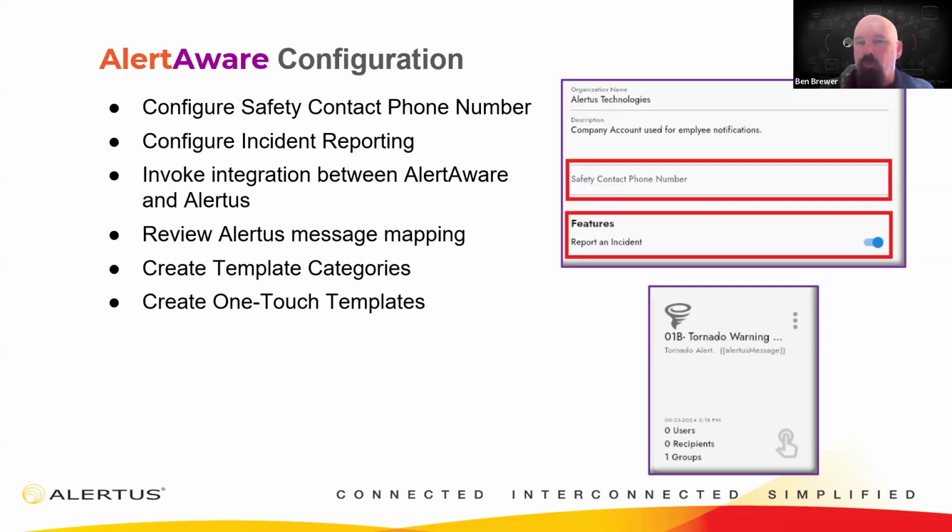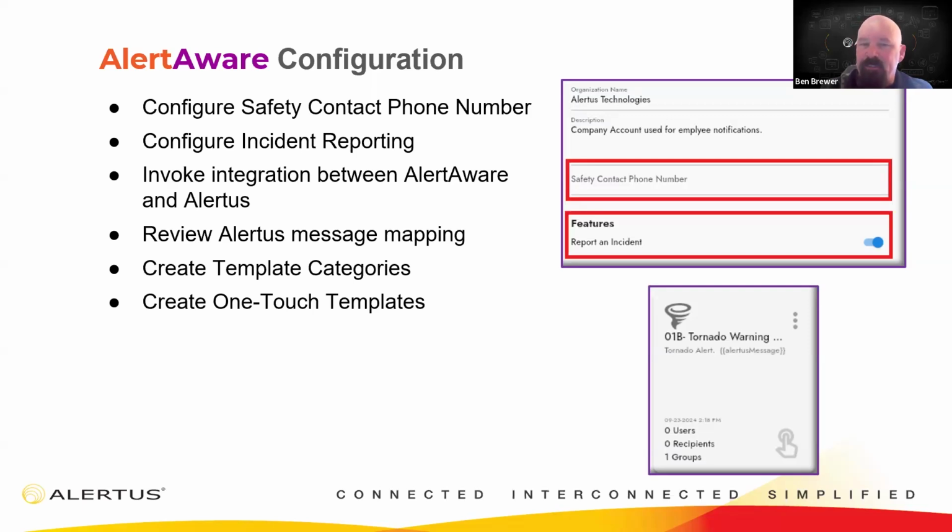We'll also work with you all. Again, we'll need the owner on the line for this one. We'll generate an API key within AlertAware, and then we'll step over to Alertus and put that integration in place. And then from there, what we would ask of you all, and we enter into this discussion early in the process, is just that you take the time to review your current Alertus system message mapping, your preset alerts, how your groups are structured, how your preset alerts are being activated.